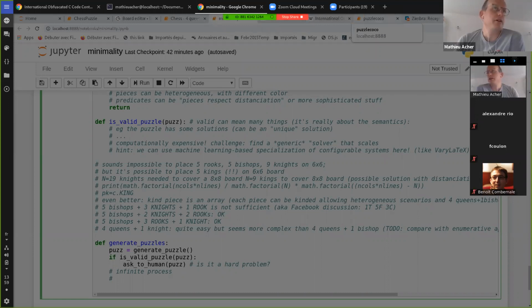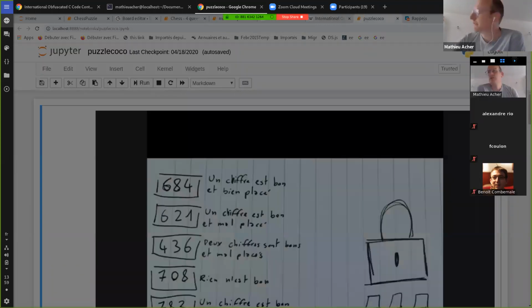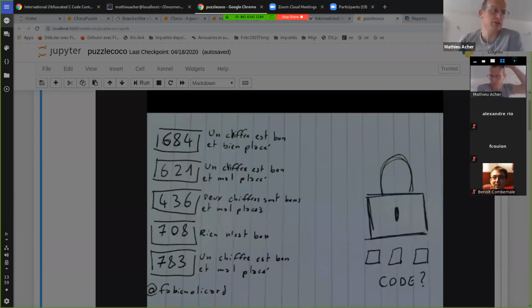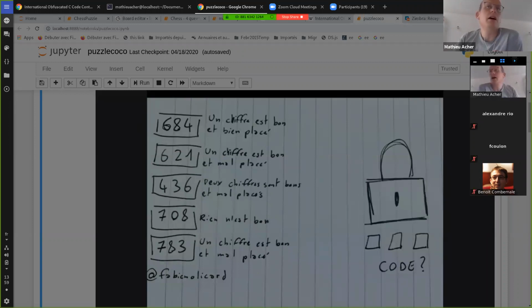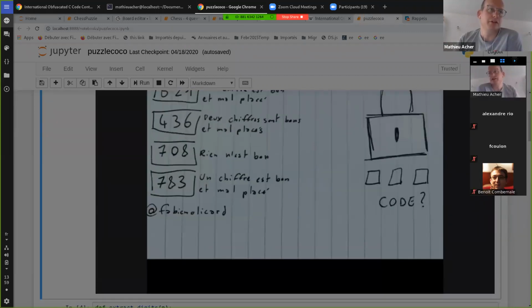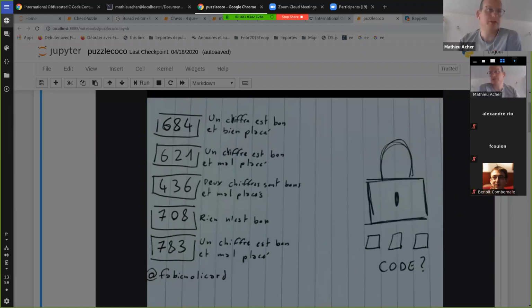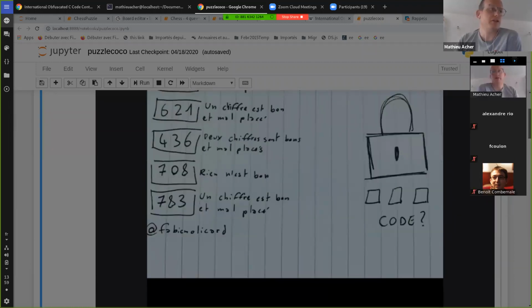I have continued with other problems than chess, but maybe I'm taking too much time here. I will share my code, but basically I encountered this puzzle on social media again, and then instead of manually solving it, I wrote a Jupyter notebook to solve it, and had the same kind of experience.